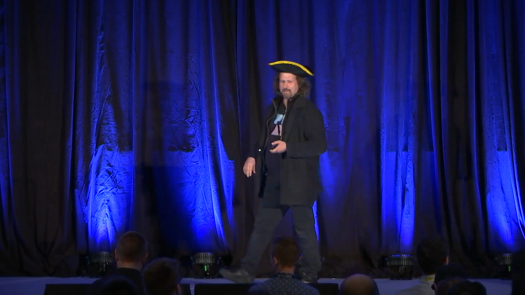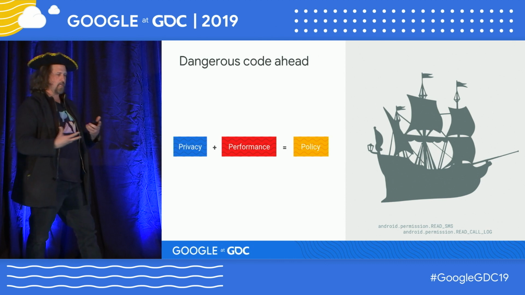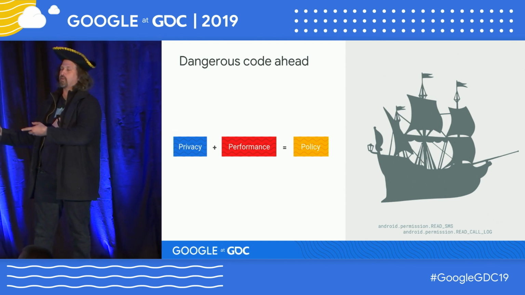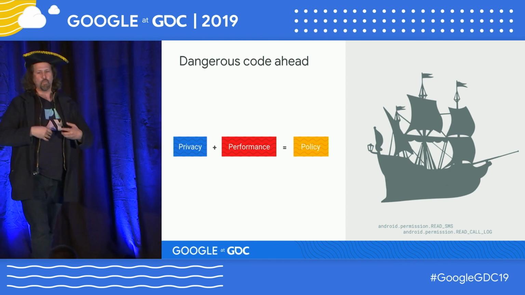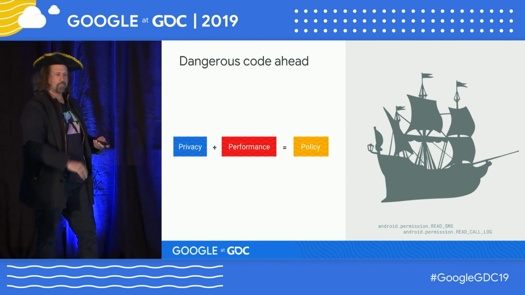So what I wanted to point out here is that when we're talking about these things, we are talking about this combination of privacy and performance equals policy, or to alliterate, we passionately pledge to promote privacy and performance, which leads to pertinent policy.